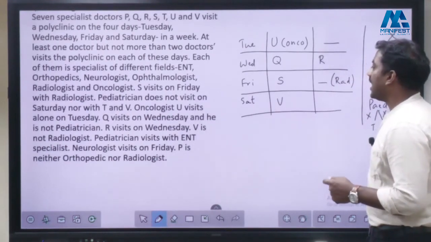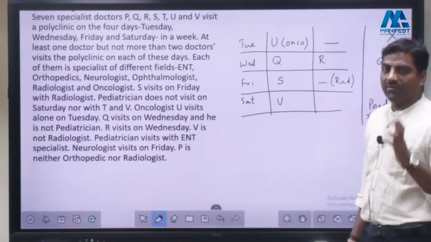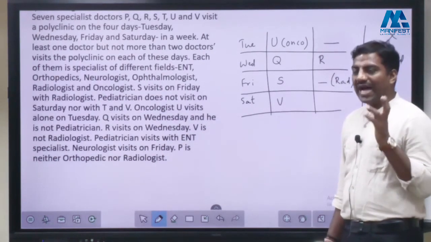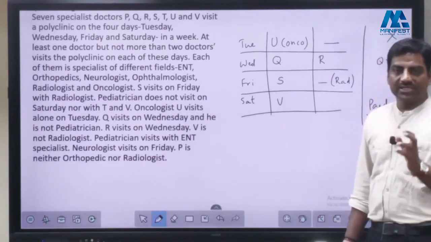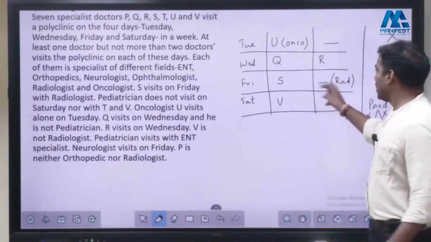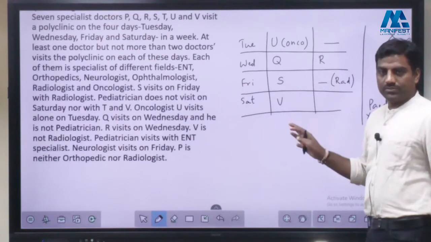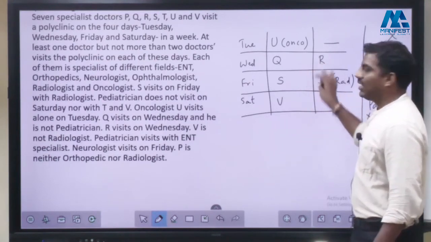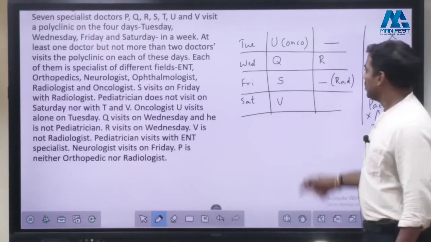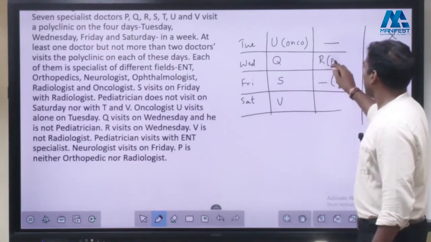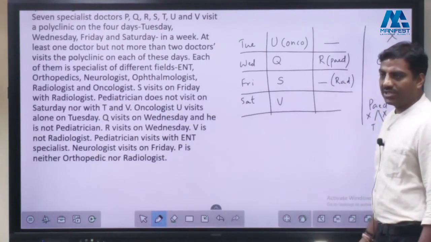Pediatrician visits with ENT. So on one day, the pediatrician and ENT will both visit. So that day, those 2 slots should not be mentioned with any specialization. Here already specializations are there. Here the pediatrician will not come. And Q is not a pediatrician. So R is, correct, R is a pediatrician.